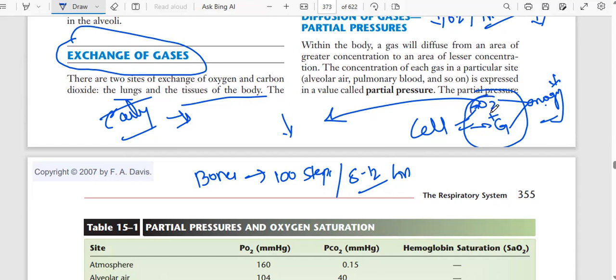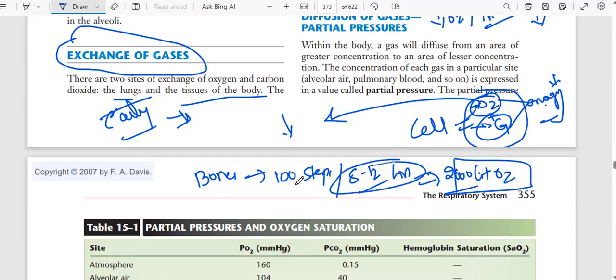So we need oxygen. For example, you need 2000 liters of oxygen daily to build the energy for 8 to 12 hours of work or to walk 100 steps.